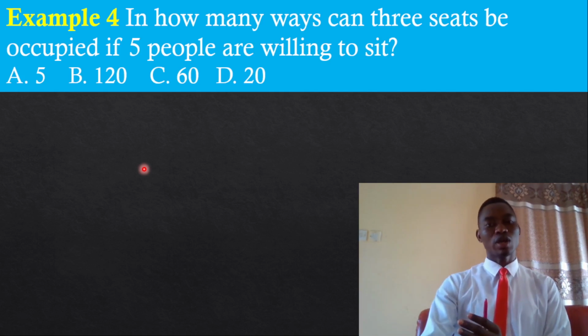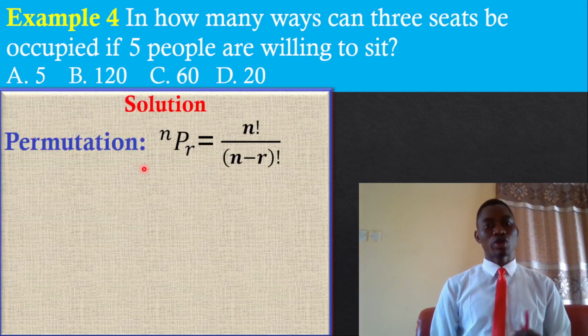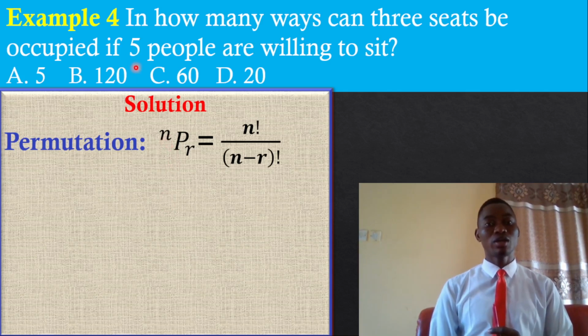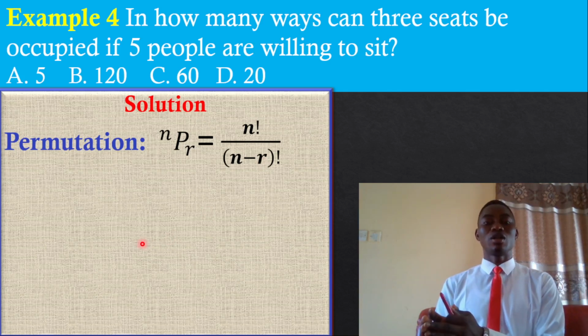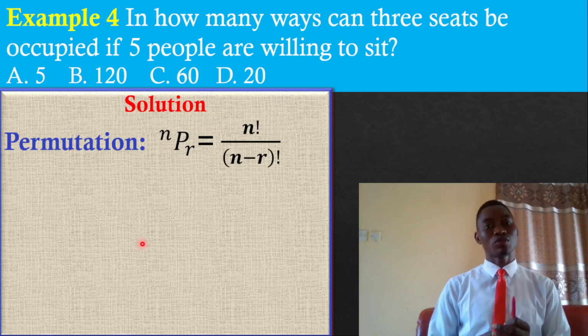Our n here is 5, and our r is 3, because there are 3 seats and 5 people. It means you are arranging 3 at a time out of 5.